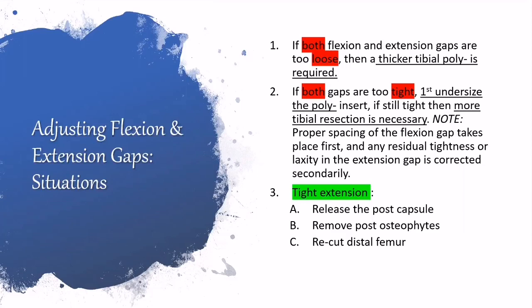So what you do is release the posterior capsule, remove the posterior osteophyte, and as you see, by translating the tibia backwards, you remove all the posterior capsule. If it is still tight, then do recutting of the distal femur, as you see in this picture.